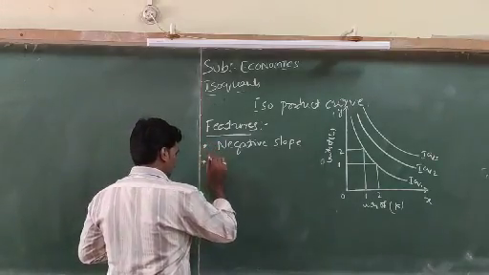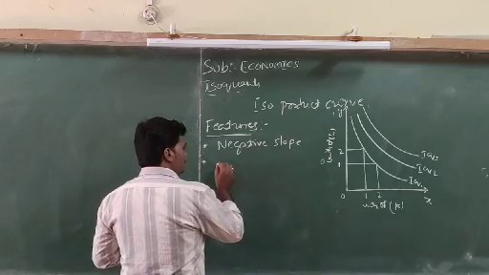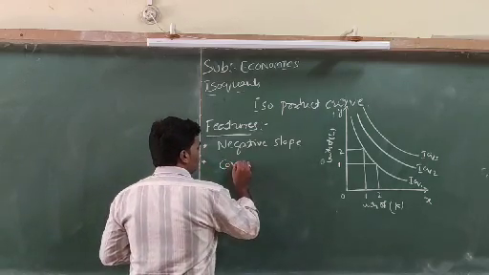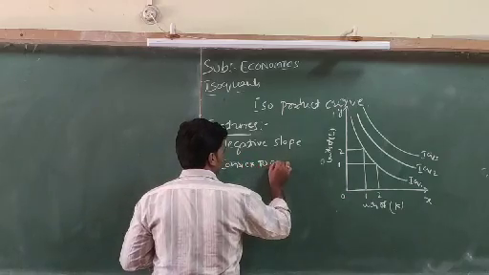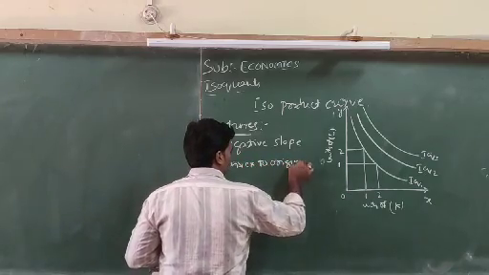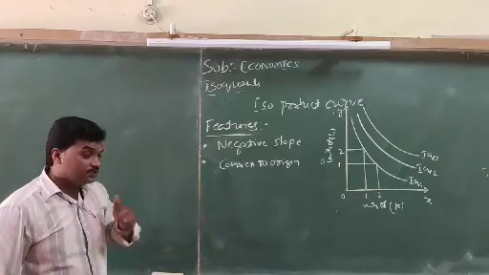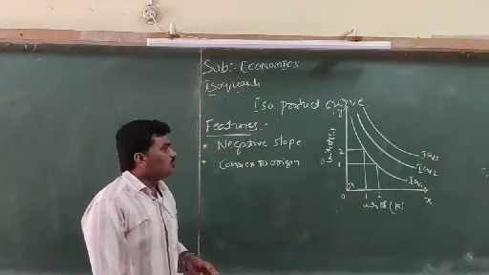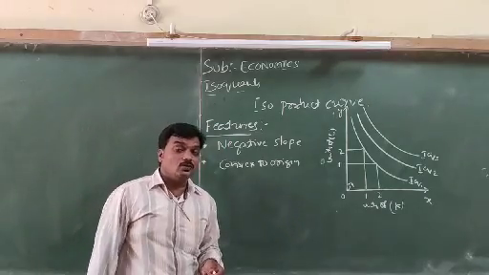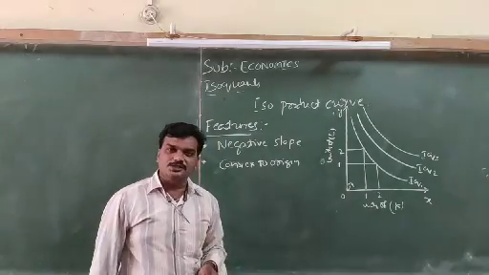Then the second feature is that it is convex to the origin. Origin means this point. The isoquant curve is convex to the origin. Why?